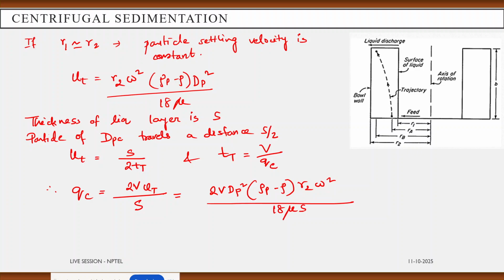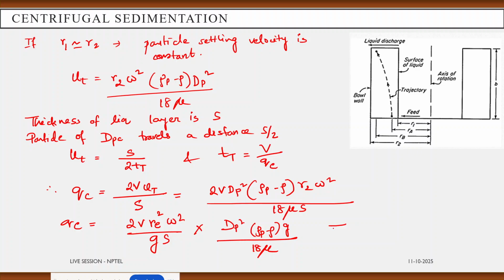Now taking in the centrifuge operation all the averages of this R2, this equation can be written as QC equals 2V Re square omega square by (g into S) into dp square (rho p minus rho) g by 18 mu.